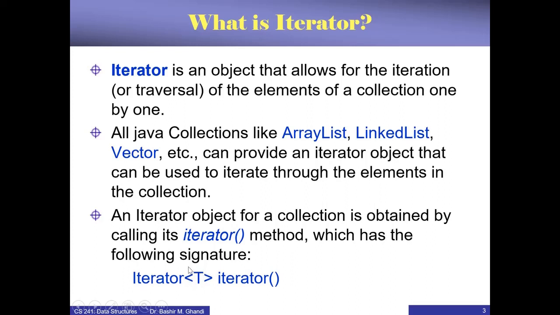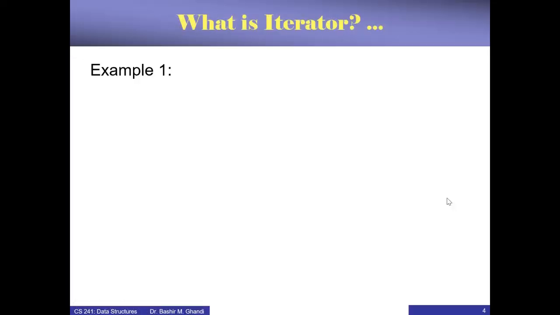So this type T depends on the actual element type that you stored in your collection. The method will give you an object. You can see the capital I here indicates that the object you're going to receive implements this interface. We will see the interface in a moment. So if you have a collection that can provide an iterator, just call this method and it will give you the iterator object. I'll show you what I mean in a moment with this example.